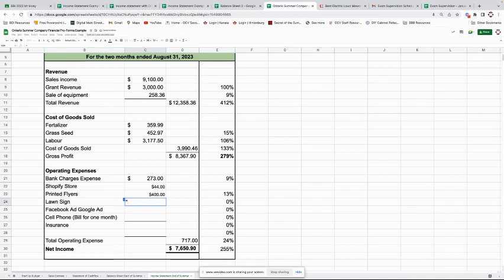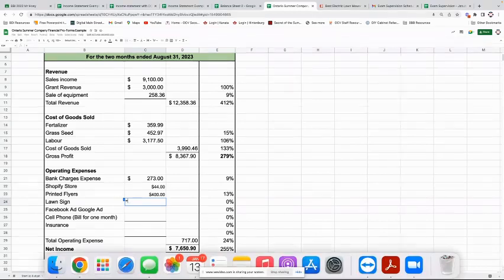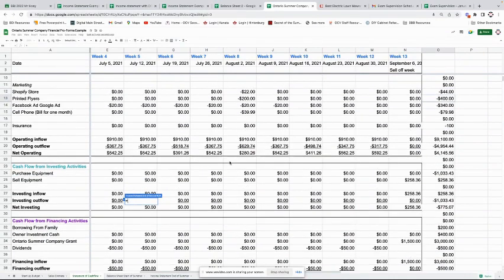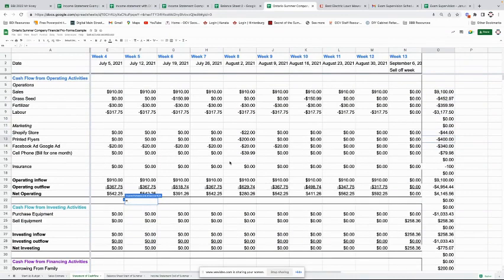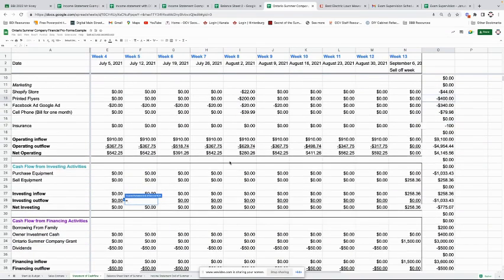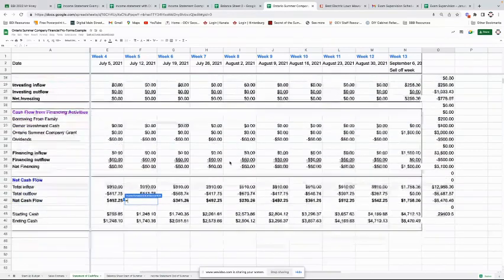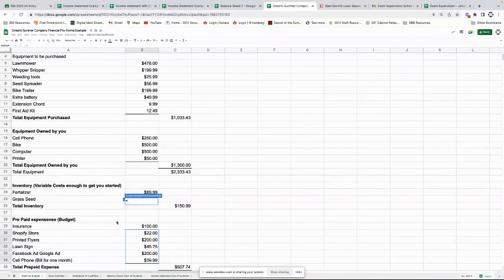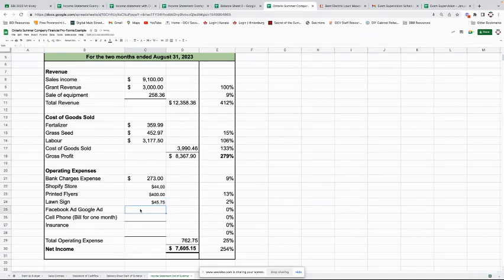Lawn sign. By the end of the summer, it's probably going to be pretty beat up, so we're going to consider it an expense. Lawn sign. It's there. Facebook ads.